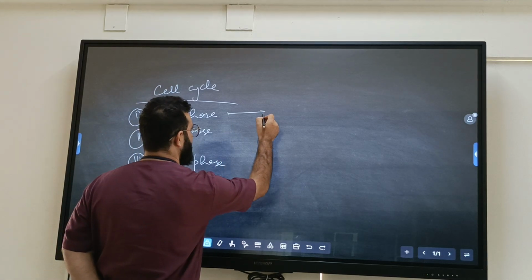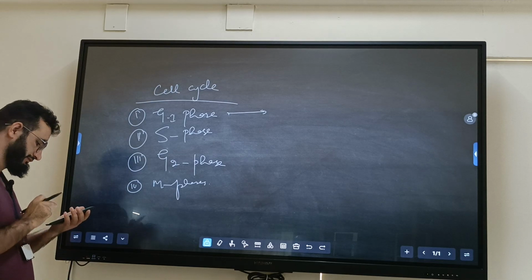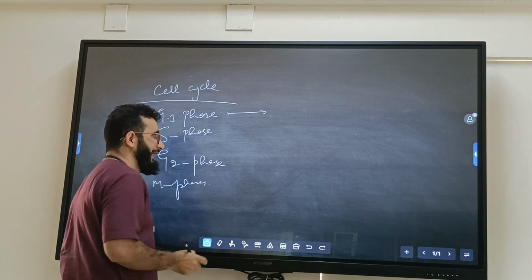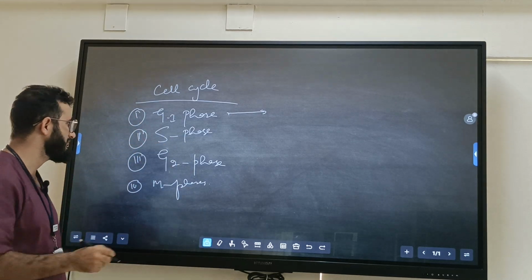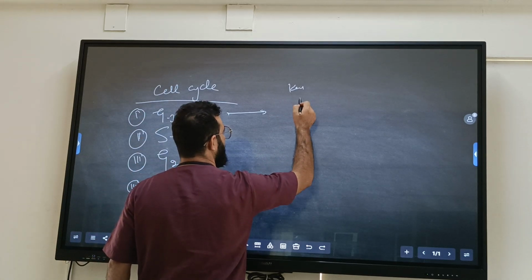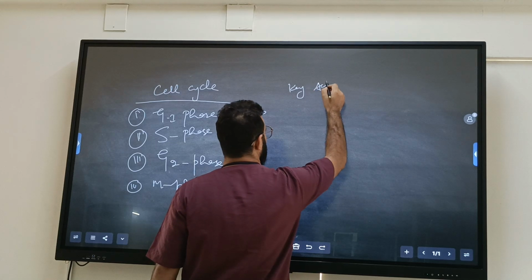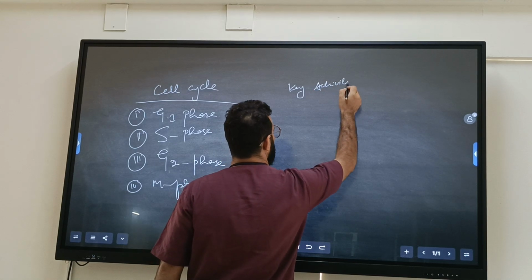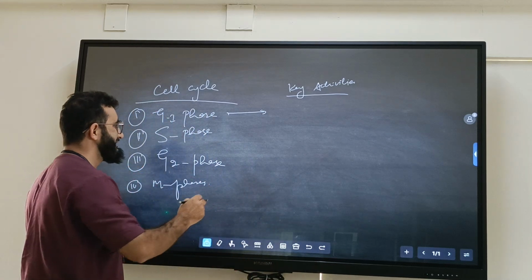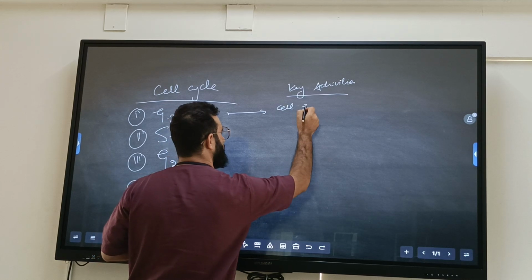Actually, the important events going on in G1 phase: there is cell growth. I will put the diagram at the end, then you can understand it. Here you just concentrate on the key activities or functions. In the G1 phase, there is cell growth.